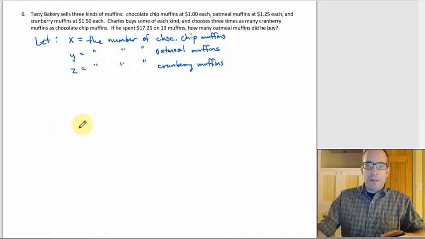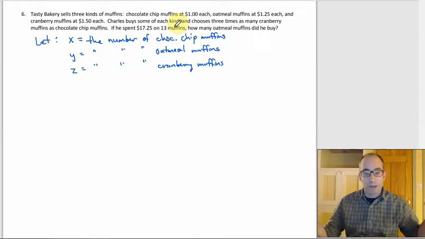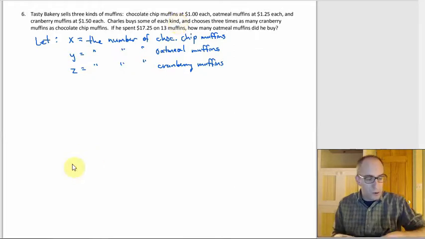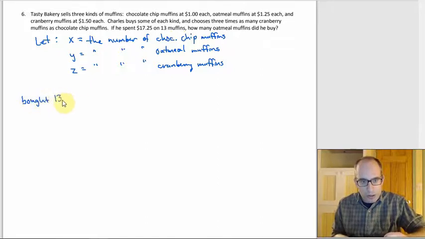All right, the two really big things are in the last sentence. We know we spent $17.25. We know we bought 13 muffins. Those are actually 2 separate statements that are kind of compressed into one sentence. So we know he bought 13 muffins.